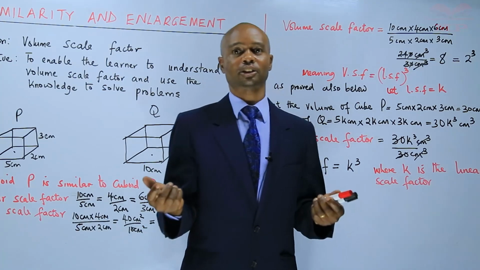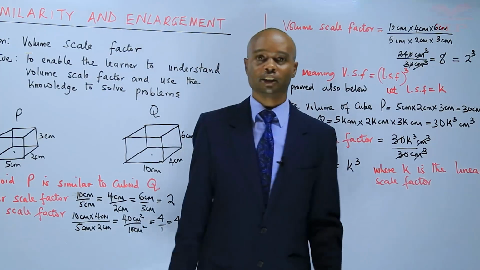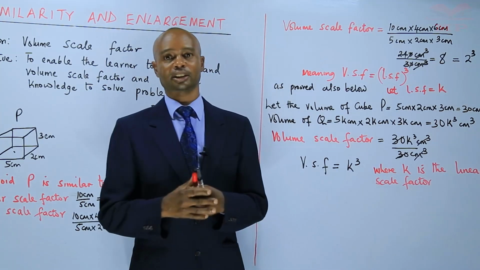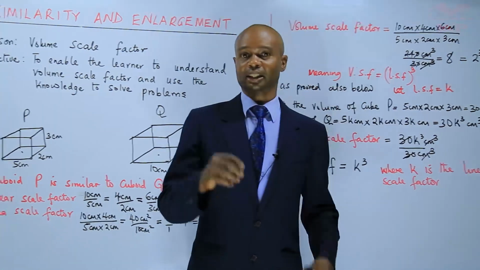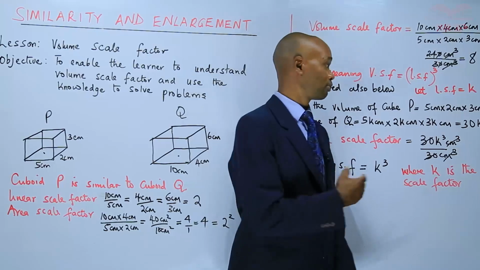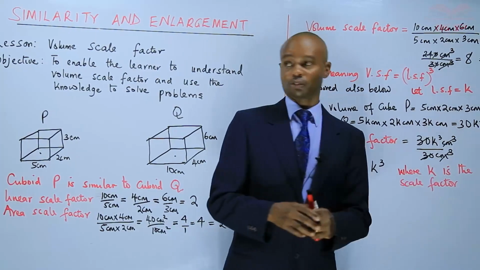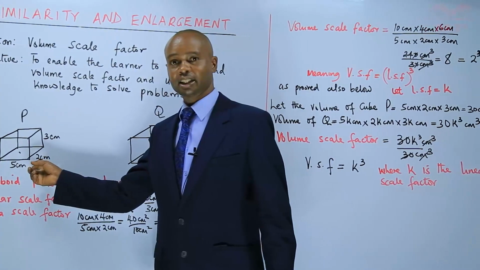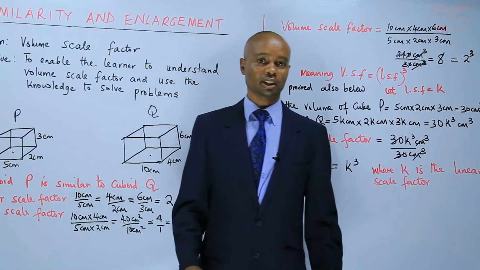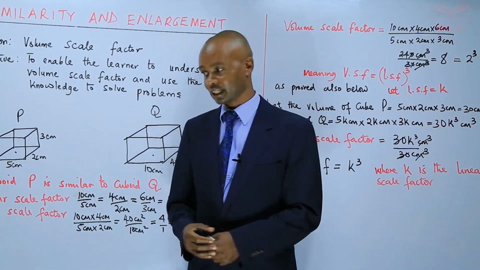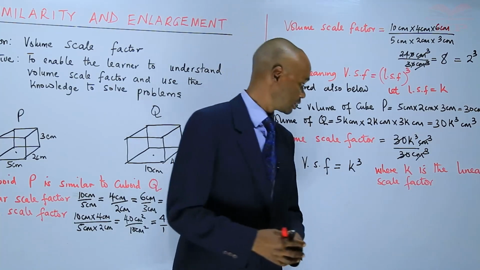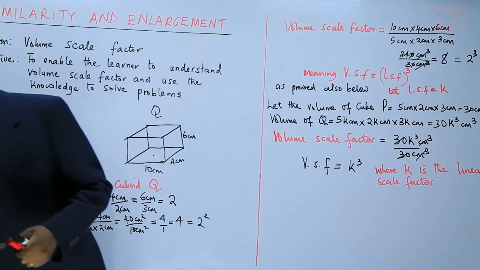With that relationship, it is easy to calculate the volume of the second cube having been given the linear scale factor only, because you cube it and you'll know the volume scale factor.